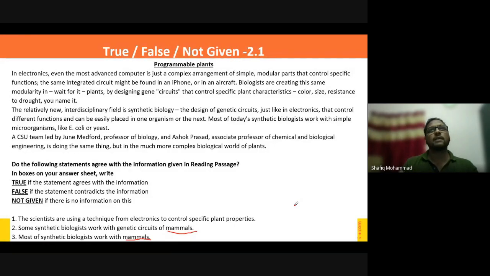Mammals are animals that give birth to their young ones, give milk to them and nurture them. Those are called mammals, as far as I know. But something related to mammals is not here. So that question is not false. It's given most with microorganisms, not mammals. Okay, what is being said is wrong.